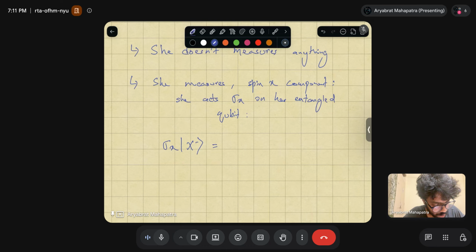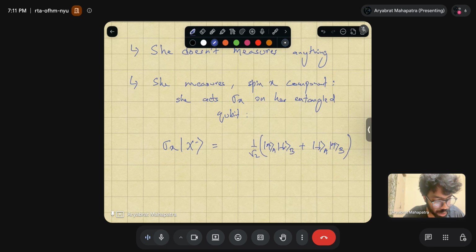If I expand, chi minus has this Alice and Bob, and plus Alice's one and then Bob's one, with a 1 over square root 2.